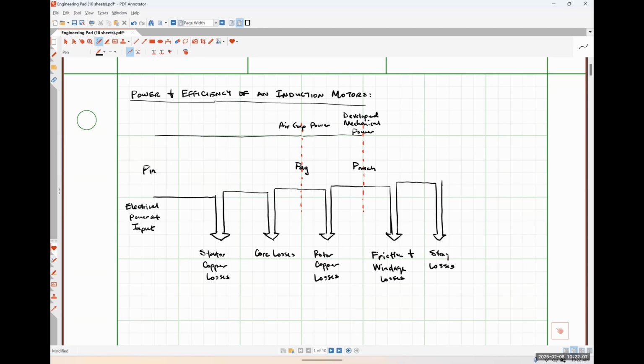So it's lumped here at the end, and whatever is left over from all of those loss mechanisms is the power that we are able to output to the shaft of our motor. So I'm going to call this P shaft, and this is the mechanical output power.